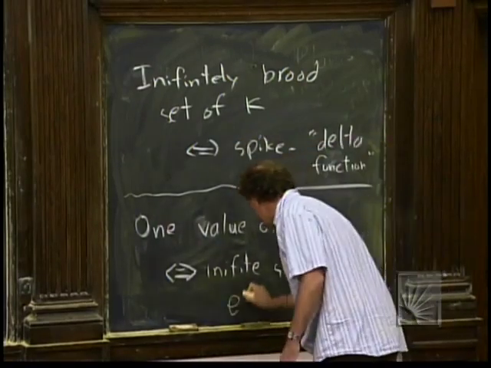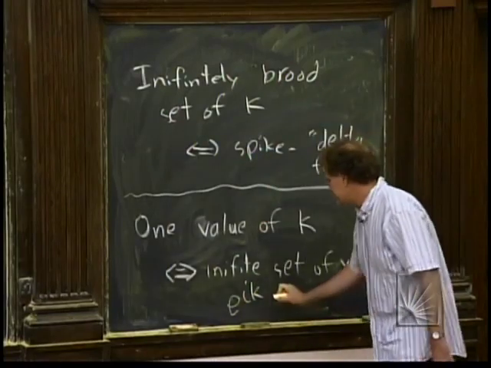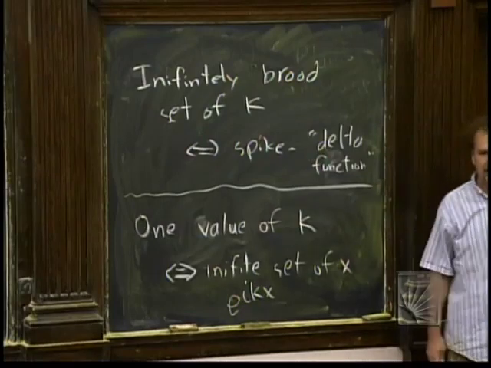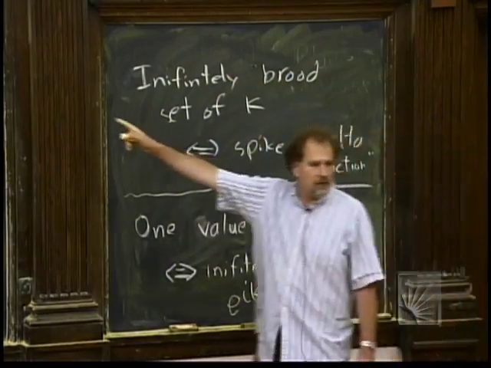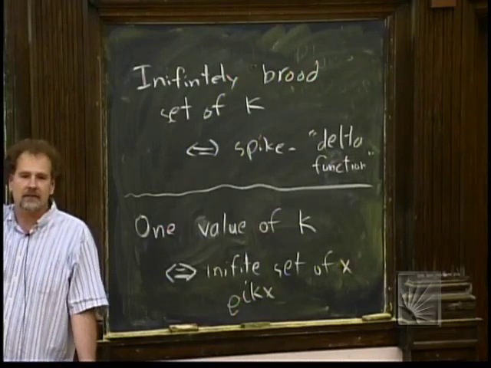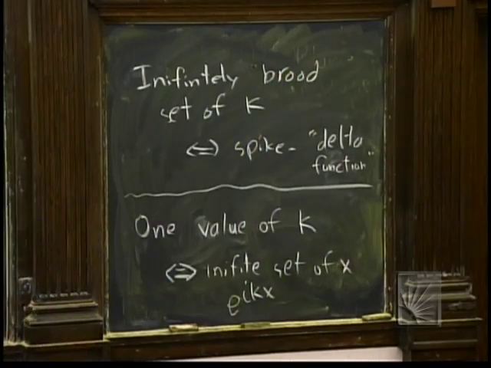When I wrote e to the i kx, that's a wave with one value of k, and it's infinite in x. And it turns out the opposite is true. If I take an infinite set of k, I get one value of x. Okay? There's this absolute symmetry between k and x in this sense.